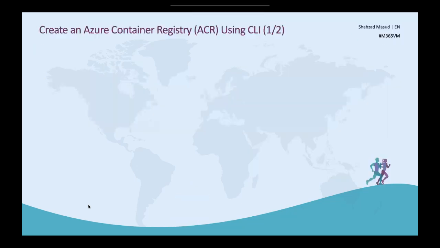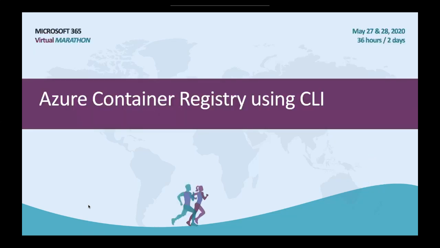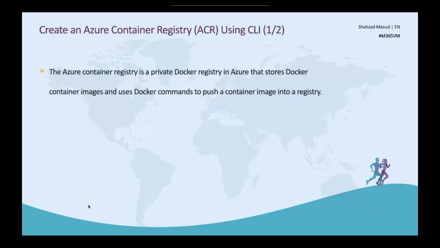Let's talk a little bit about the Azure Container Registry as well. Azure Container Registry is a private Docker registry that stores Docker container images, and we can use those images to push container images into the main pipeline.